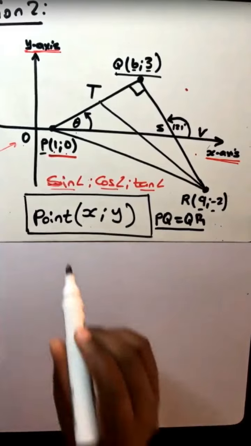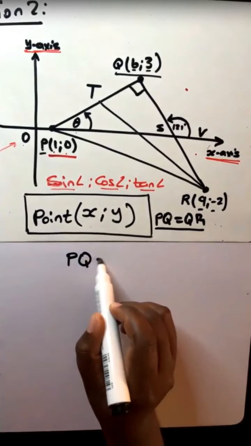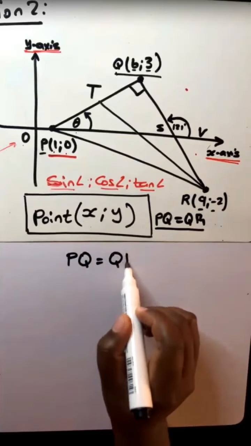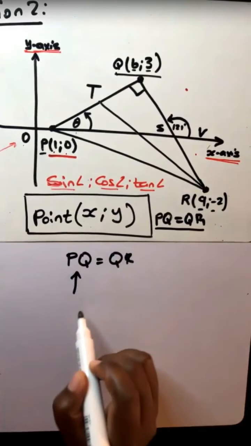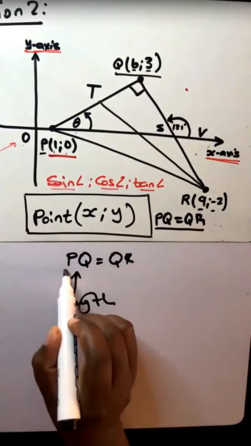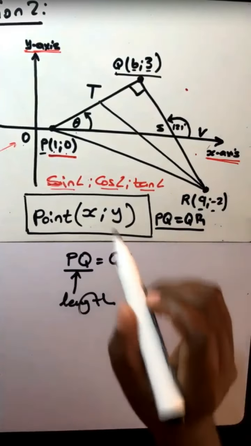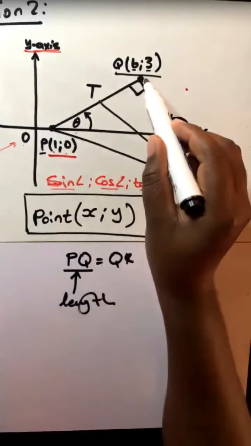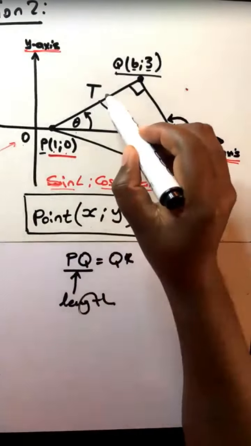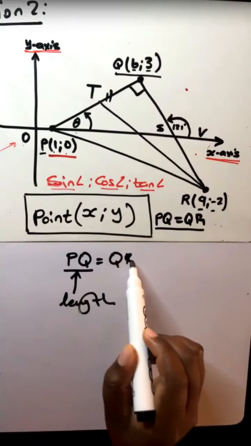Guys, always, when they write in capital letters, just like they say PQ, it's equals to QR. Capital letters refers to the length, guys. So that means because it's written in capital letters, they are therefore referring to the length of PQ. So that means the length of PQ is equal to the length of QR.